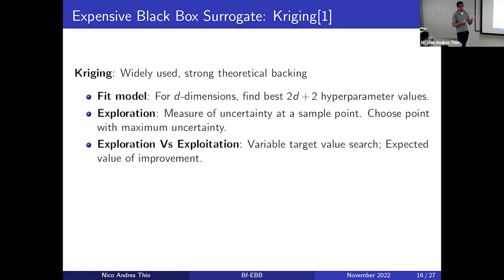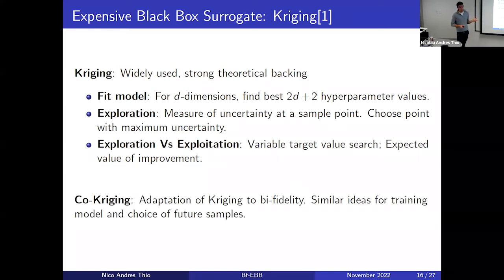And sometimes this leads to sampling in areas that it knows nothing about, because it's like, well, I'm feeling lucky, maybe this will be amazing. And sometimes it samples in areas that it knows are good, right? So it might think, I don't think I'm going to get a lot of improvement here, but I'm sure I will get a nice amount of improvement. That's all I'll say about kriging.